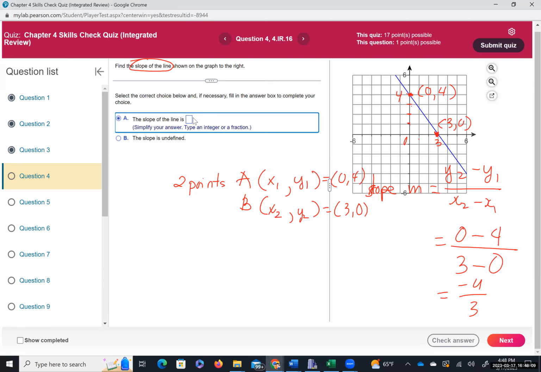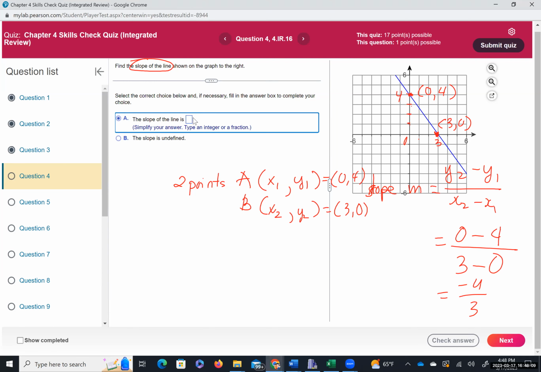Okay, so in this one, you are given 2 points in the line, right? And they want you to say if the line is increasing or decreasing or horizontal or vertical.